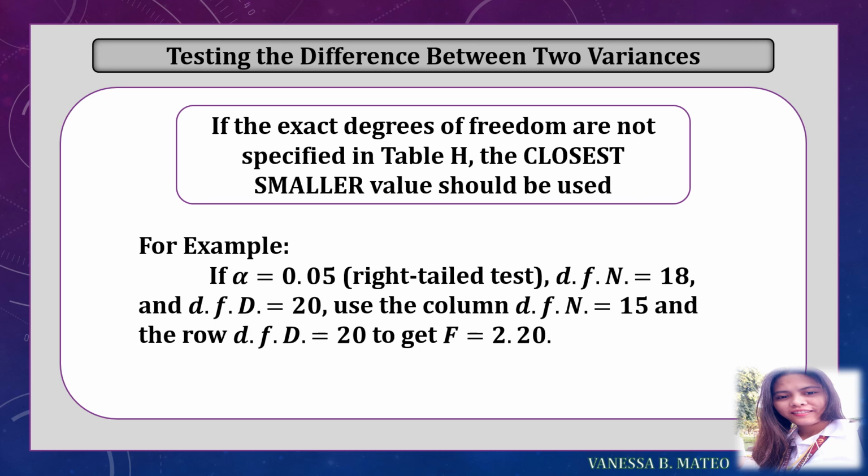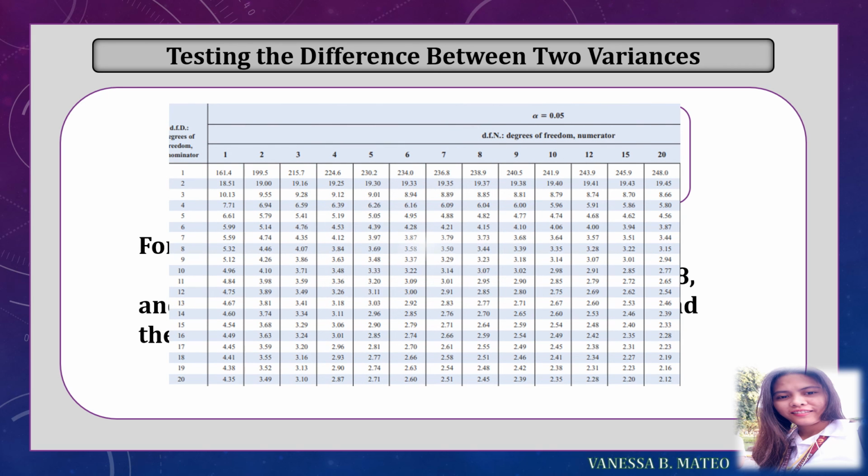So for example, if alpha is 0.05 for a right-tailed test, DFN is equal to 18 and DFD is equal to 20. Use the column DFN equal to 15 and the row DFD equal to 20 to get the F value 2.20. So, ang ginamit dito na column ng DFN is the column 15 dahil si 18 ay between sa DFN 15 and DFN 20.